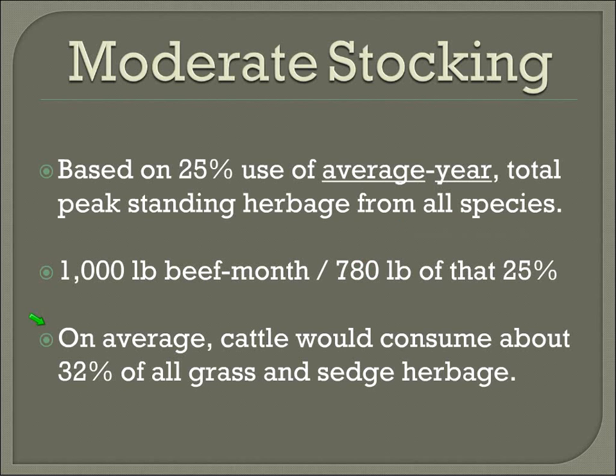Now, on average, cattle would consume about 32% of all grass and sedge. Initially, we start off looking at all species, but we know that cattle preferentially graze grasses and sedges. So this number of 32% is a critical value in the CFR index, and I want to draw your attention to column number 8, under the bold font heading of drought induced.